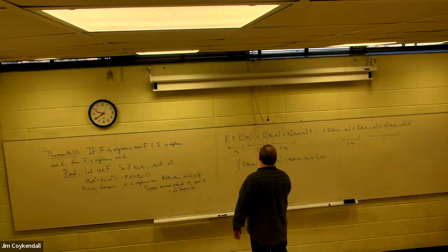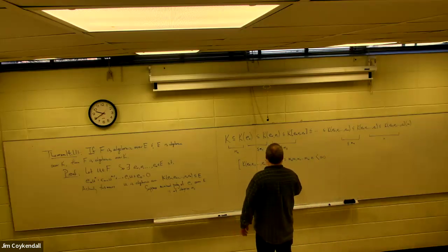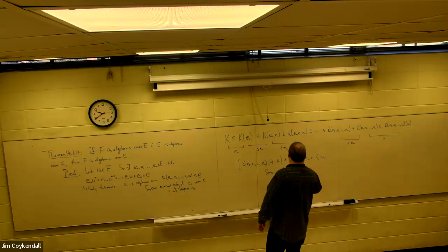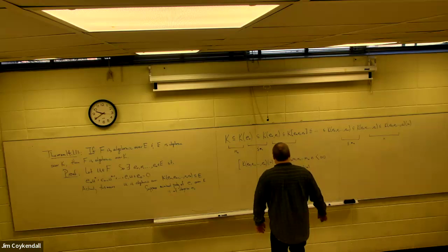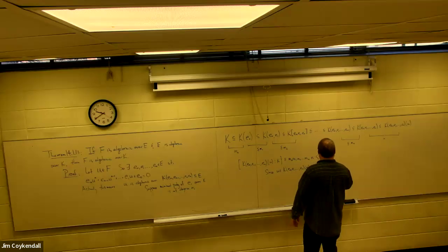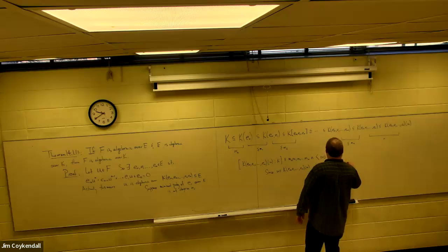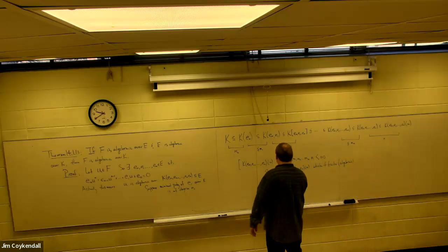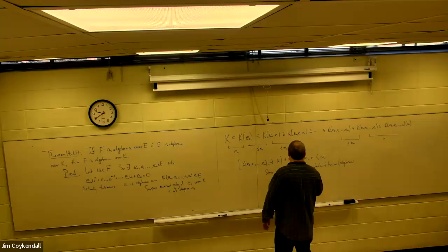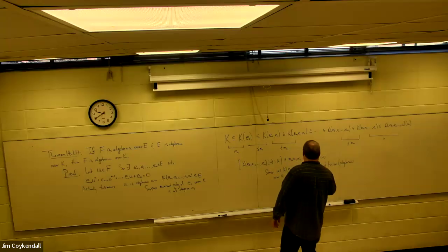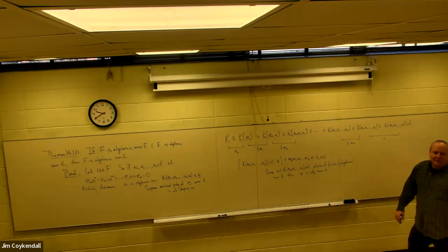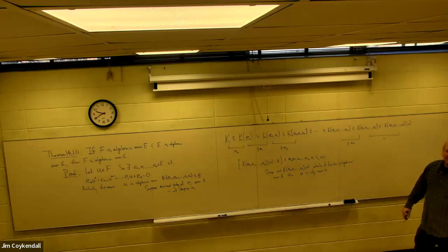Since U is in this crazy field, which is finite, so algebraic over K, then U is algebraic over K. And there you go. An arbitrary element of F is algebraic.